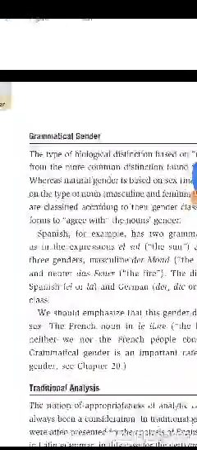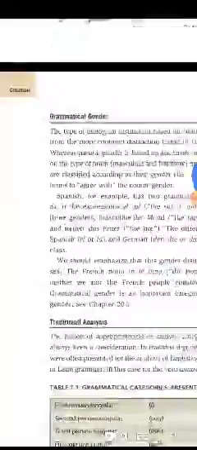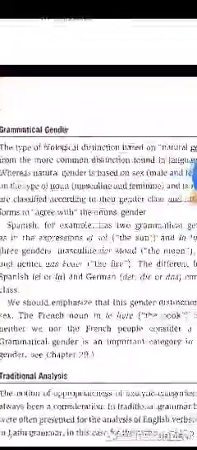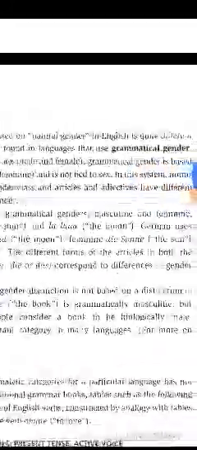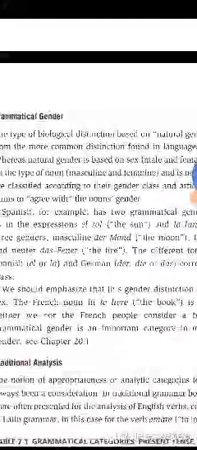Spanish, paragraph 2 of page 96. Yes, page 96. Spanish, for example, has two grammatical genders, masculine and feminine, like Arabic.